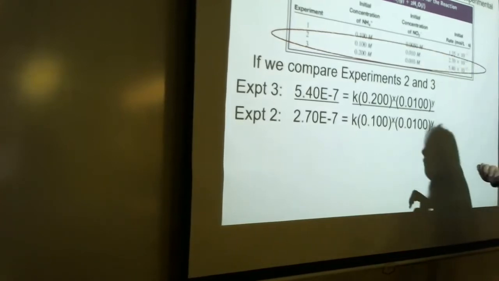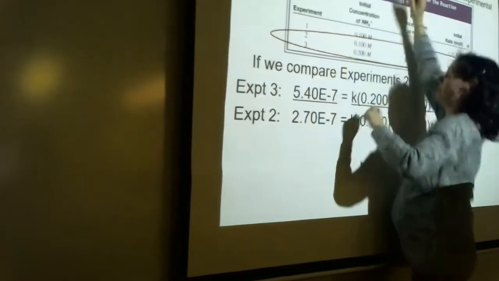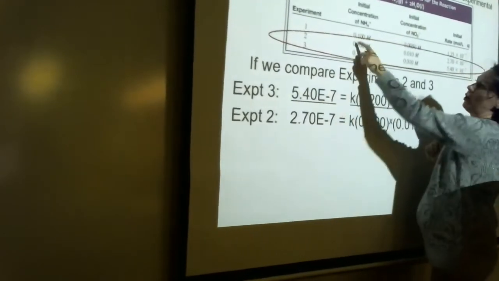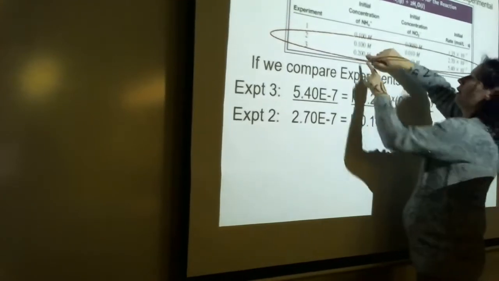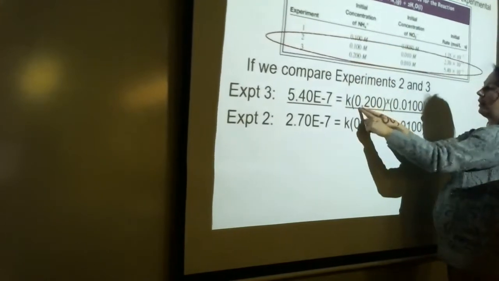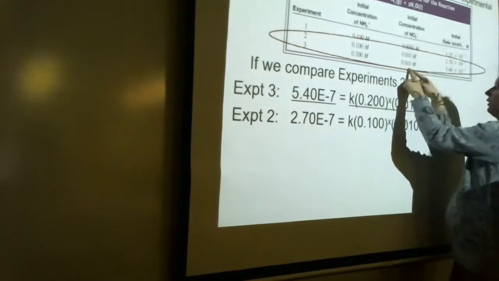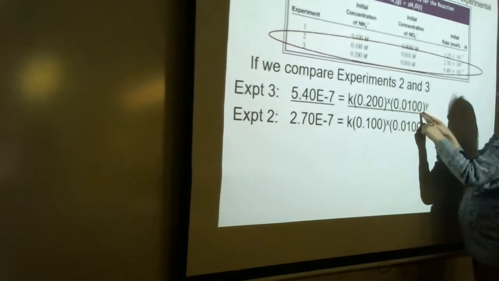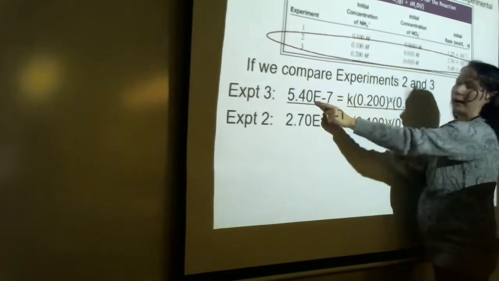So now we're going to plug this information into this, okay? So I did 3 over 2 just so that I get a whole number. So 0.2 goes in right here, 0.2 to the x, and 0.01 goes in right here, is equal to 0.01 to the y. And now plugging in the rate right there, right?